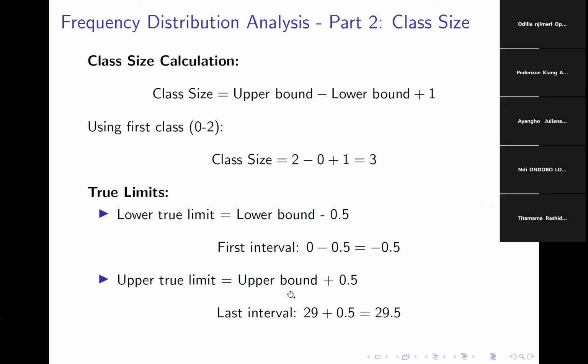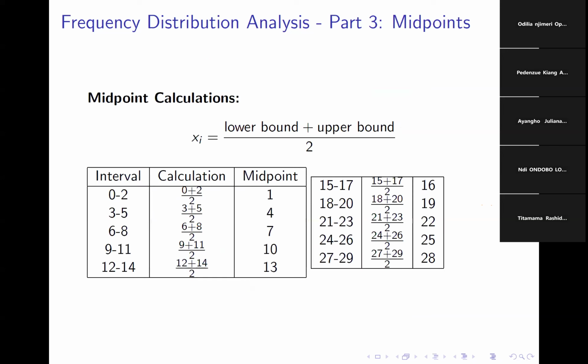The upper true limit would be the upper bound plus 0.5, which is the last interval here, 29, plus 0.5, which gives you 29.5. If you did not understand that, you can look at this calculation here.